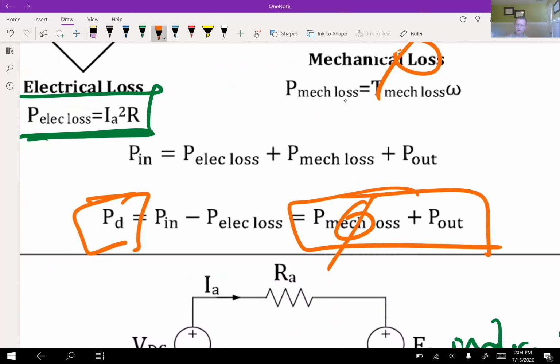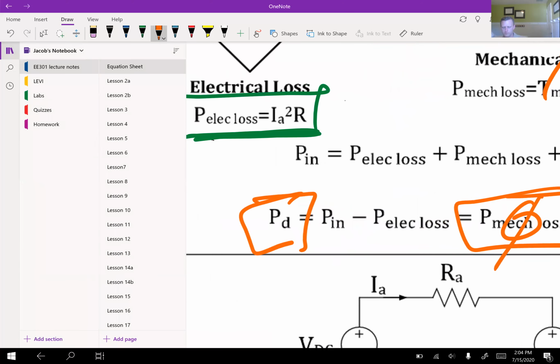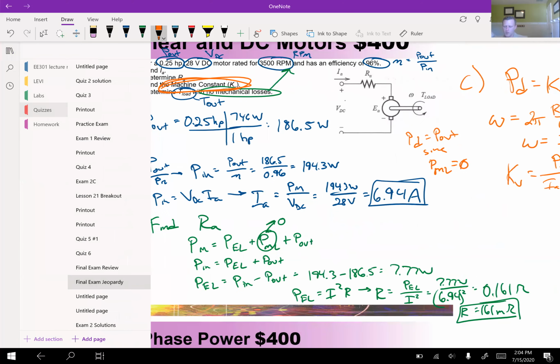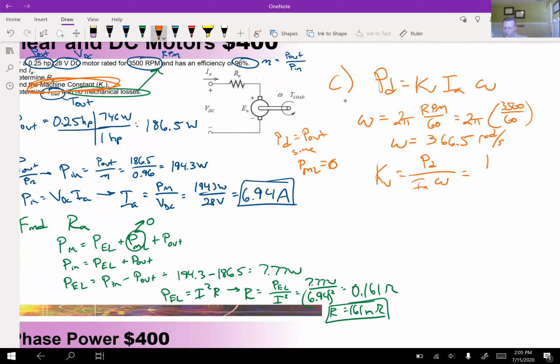So if this is 0, P developed equals P out. So that's 186.5 divided by 6.94 and 366.5, and my machine constant comes out to 0.073.